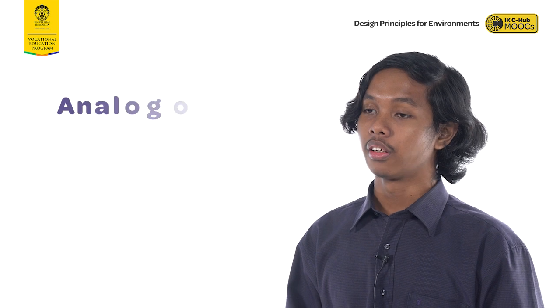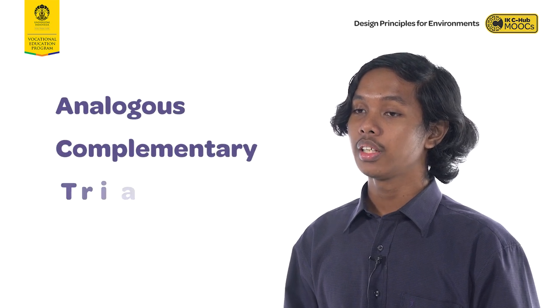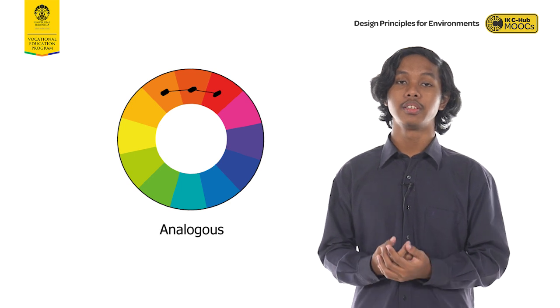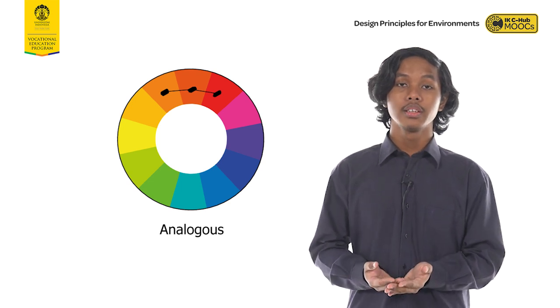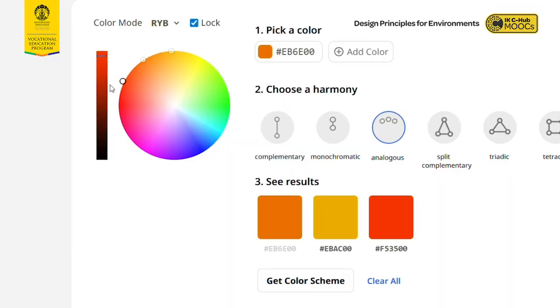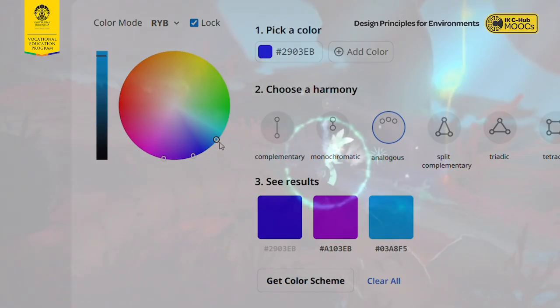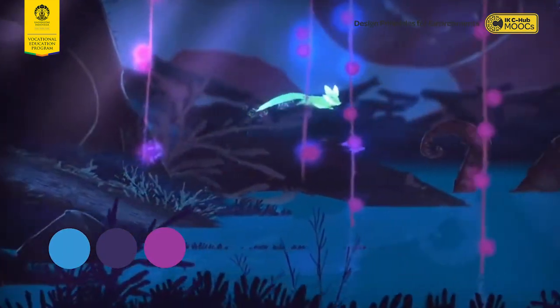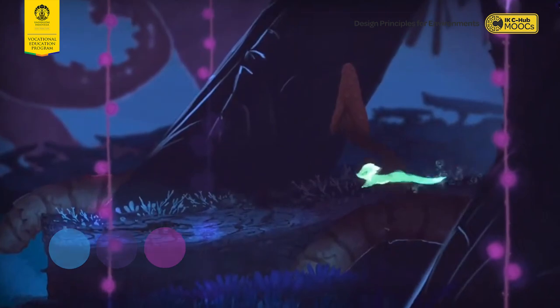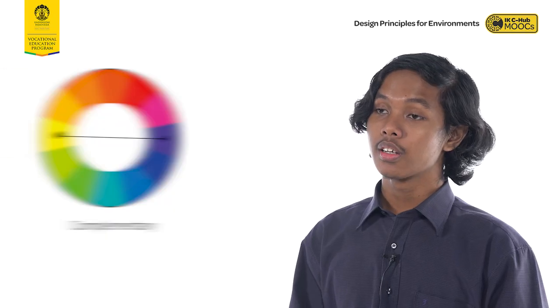There are several combinations you can use: analogous, complementary, and triadic. Analogous is a scheme that uses 3 colors in a row on the color wheel. This creates a subtle and harmonious look. Next, complementary.